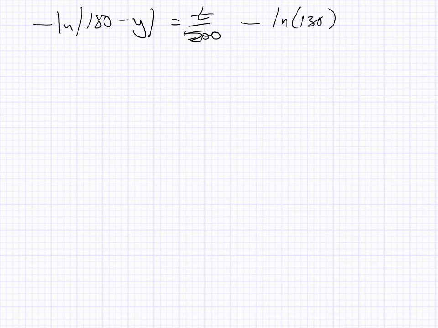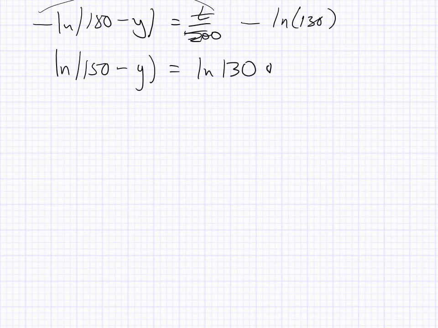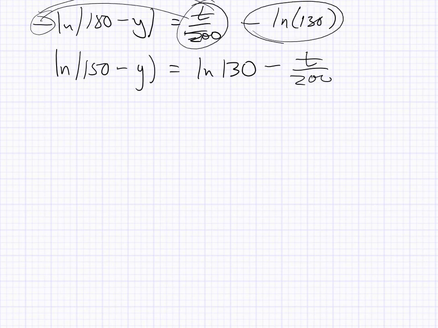I'll push this negative through to the other side before I use e. So I'll go log 150 minus y equals log 130 minus t over 200. Multiplying by the negative flips the sides around.